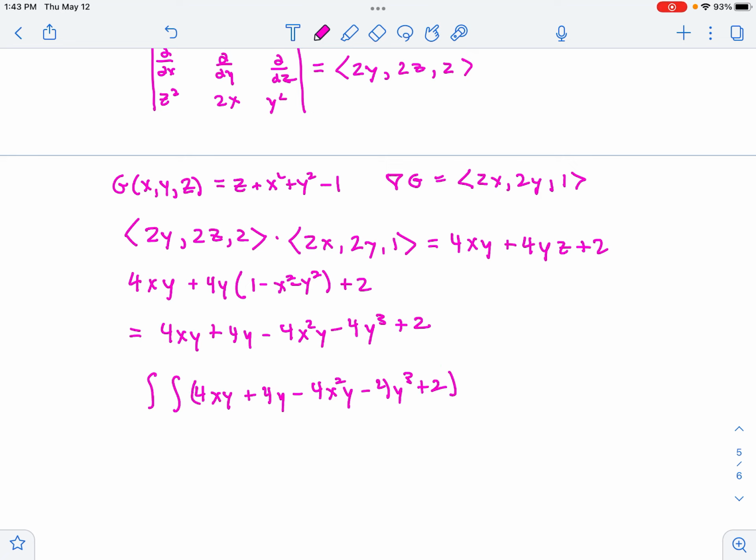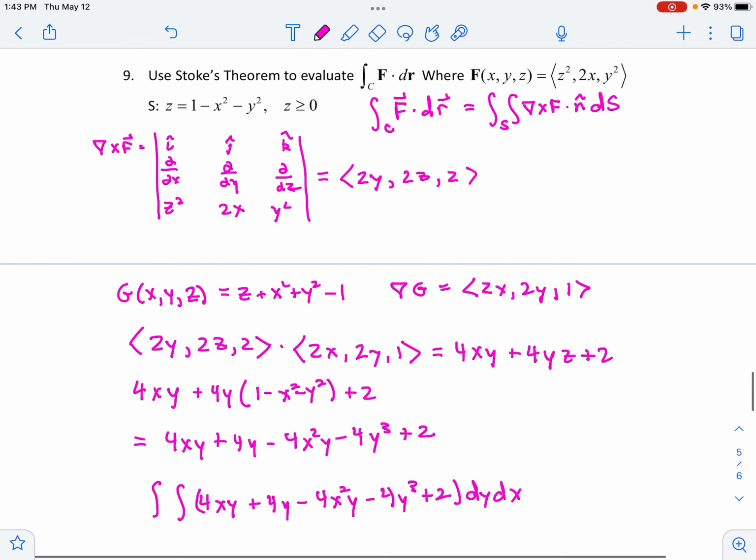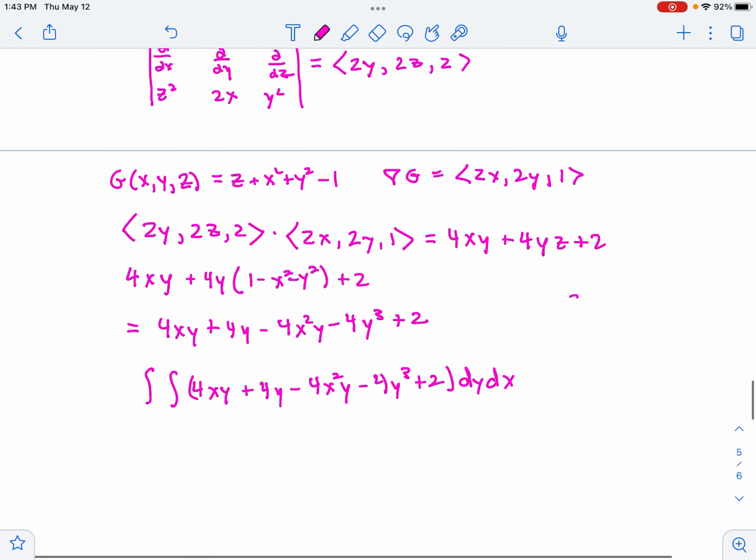And I'm going to integrate, I guess I'll integrate with respect to y first. And remember, we're down on the xy plane, so we've got z equal to 1 minus x squared minus y squared. If z is 0, we've got x squared plus y squared equals 1.